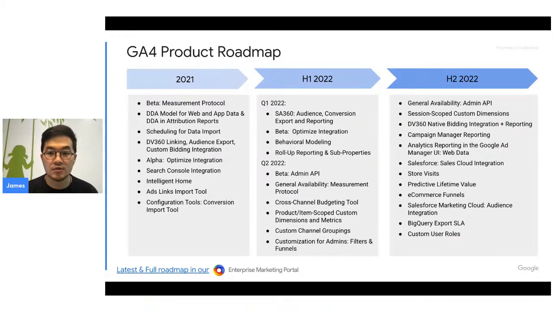So if the customer is using measurement protocol intensively now in Universal Analytics, feel free to set up or try to log into the alpha program, as you may know, to try the measurement protocol features for GA4. Because this is an introductory version, if you want to have a better view on all the details, feel free to go to the enterprise marketing portal.